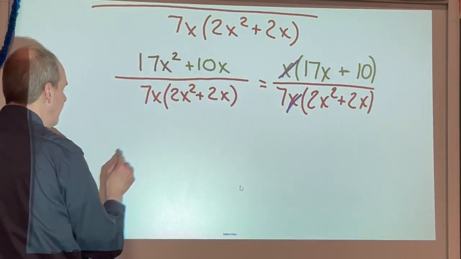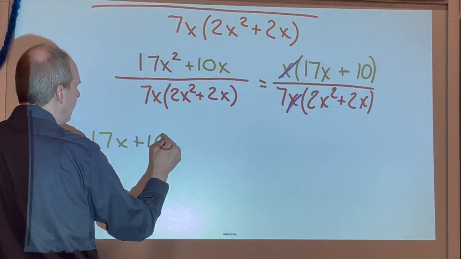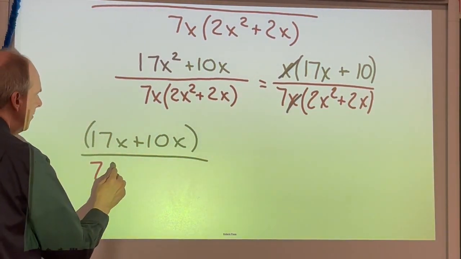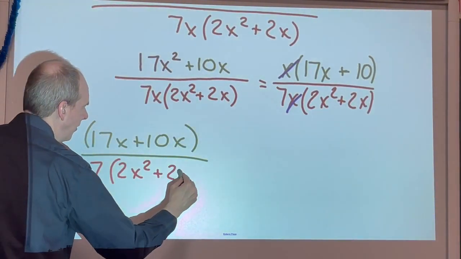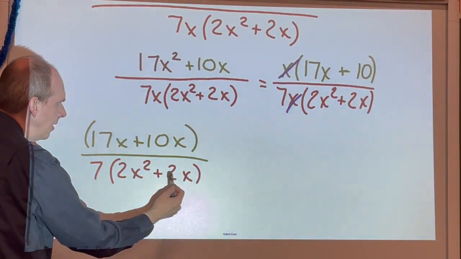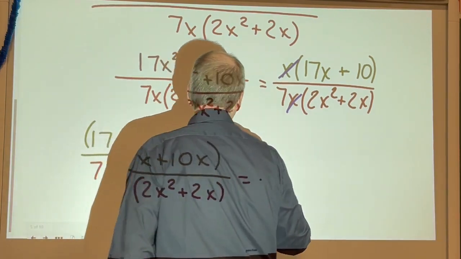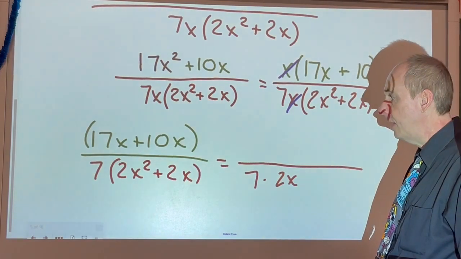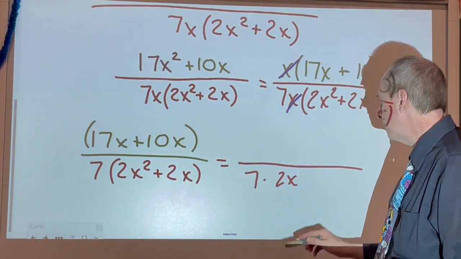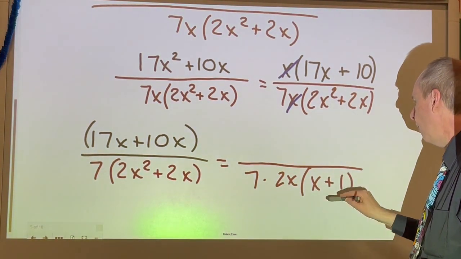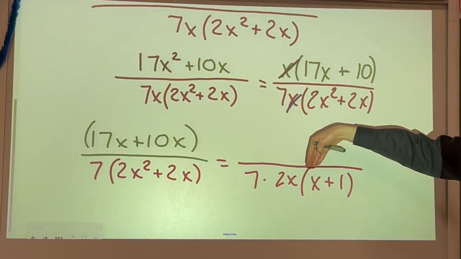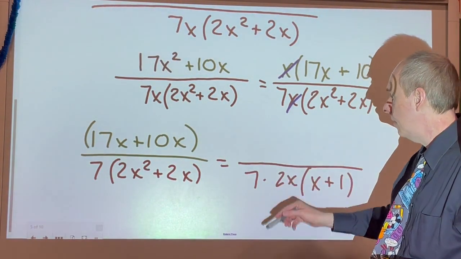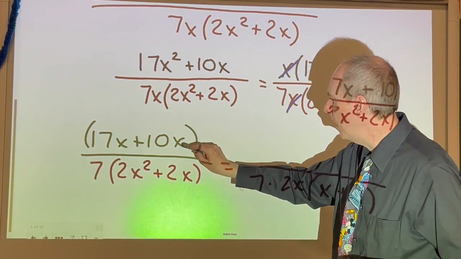So, let's rewrite that and see what we can do with it. Got a 7. And we've got 2x squared plus 2x. So they both have a 2, they both have an x. Let's factor out a 2x from here. x plus 1. 2x times x, 2x squared. 2x times 1, 2x.